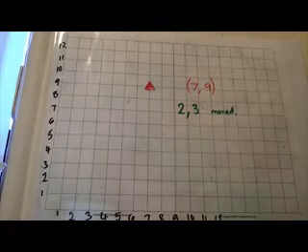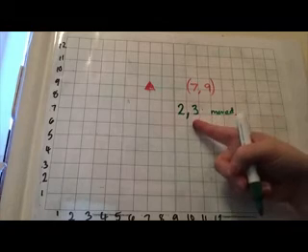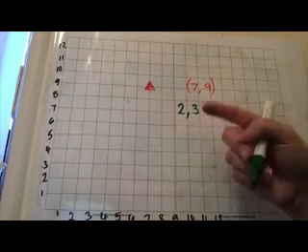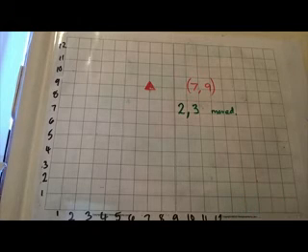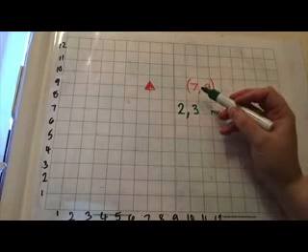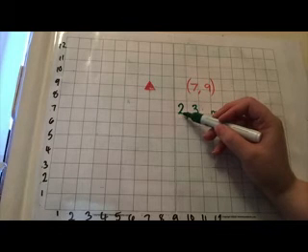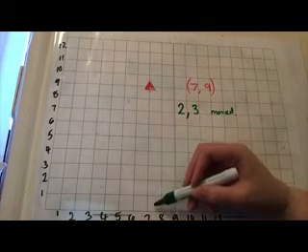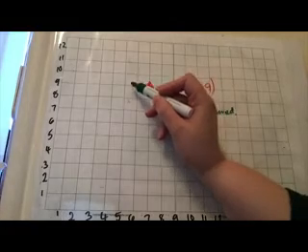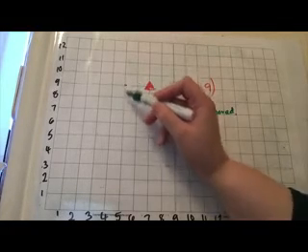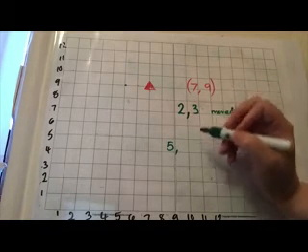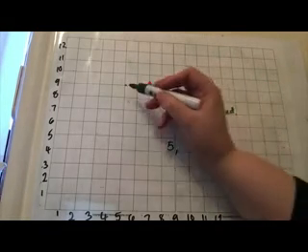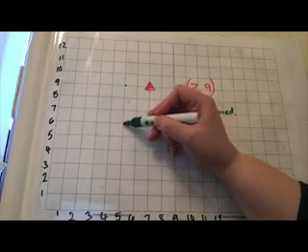So now I need to work out, if that's where it finishes and that's how much it's moved or translated, where was it originally? So first thing I do is I do the x-axis. So 7 take away 2 gives me 5. 9 take away 3 gives me 6.